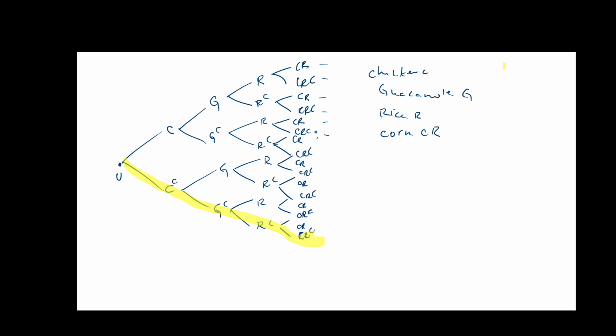And I can assess which taco I've ordered just by going through the path. For example, this path here, I know it's a strange path, but it's possible. Somebody ordered a taco with no chicken, no guacamole, no rice, and no corn. So just the shell. It's a strange person, but it can happen. The probability of this happening is not high. So you can start seeing how this is going to help us study probabilities in the future.